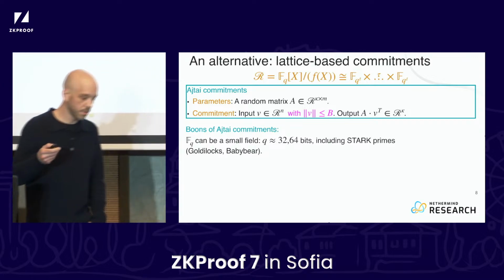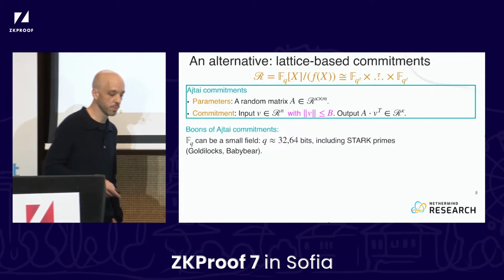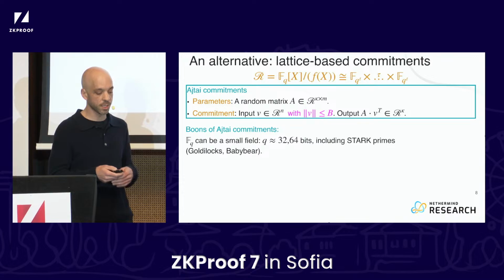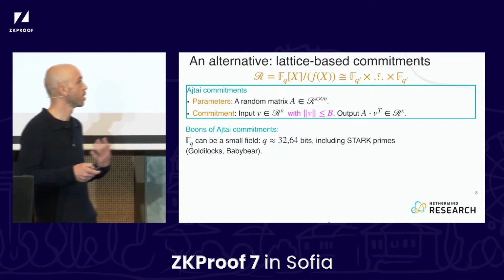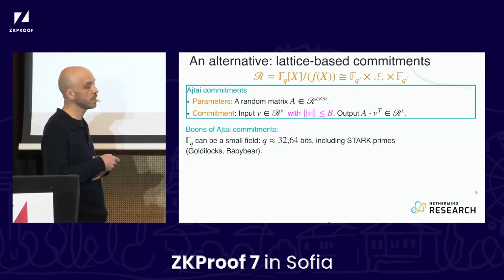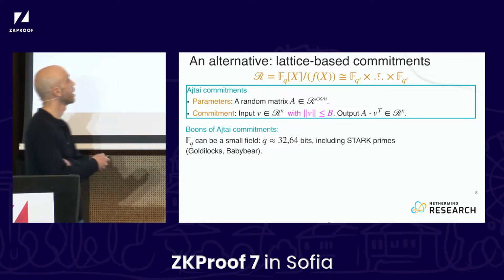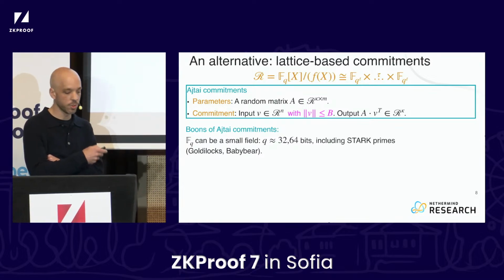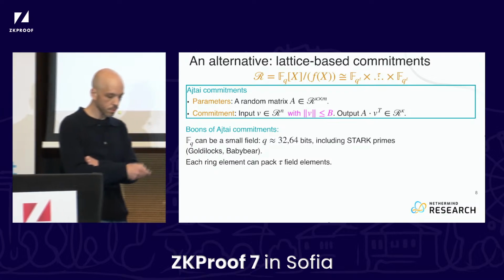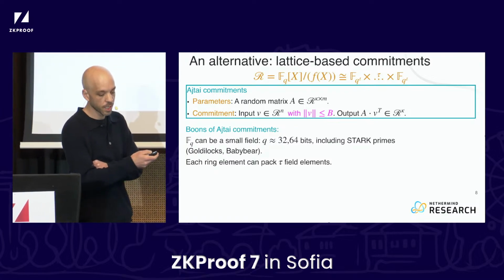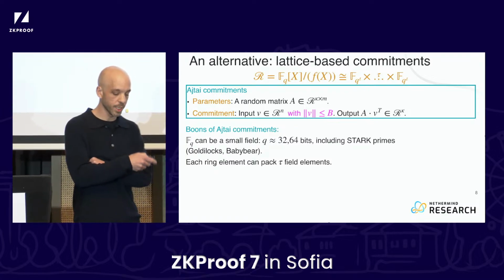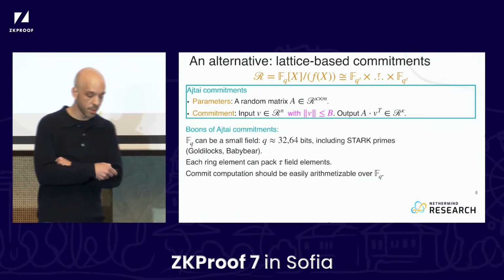On the other hand, there are very nice things that come with Ajtai commitments. One is that you can take a small field, for example, a field with 32 bits or 64 bits, including star primes like the Goldilocks prime or the Baby Bear prime. As I said, each ring can pack tau field elements, so you can pack several field elements into a ring.